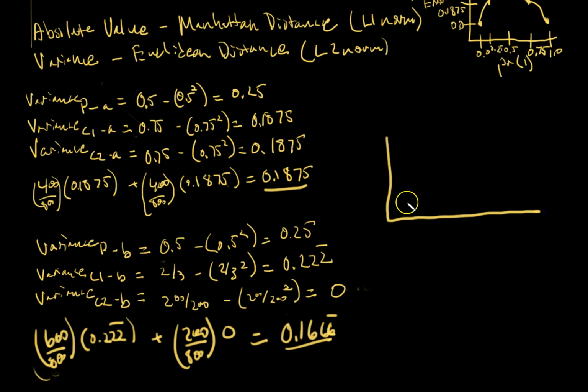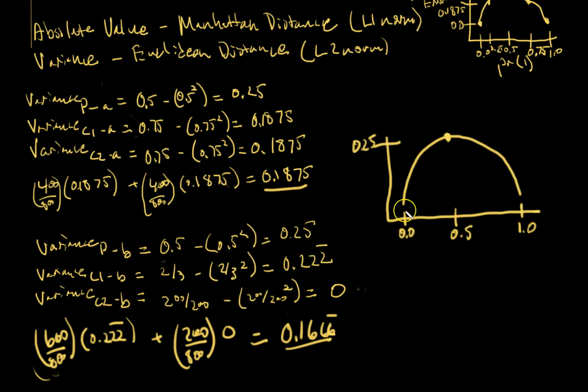So if I draw this right here, we had 1 here, we had 0.0 here, 0.5, and we started out right here at 0.25. Then we ended up with weights like this.